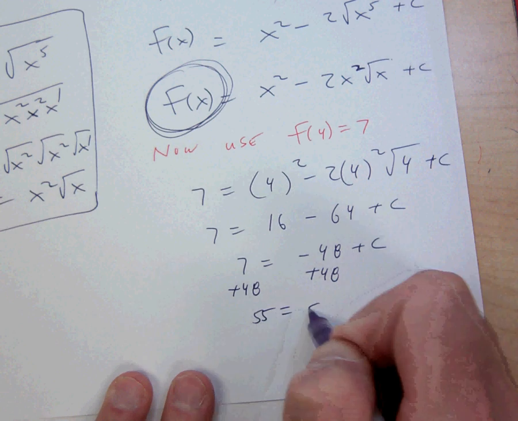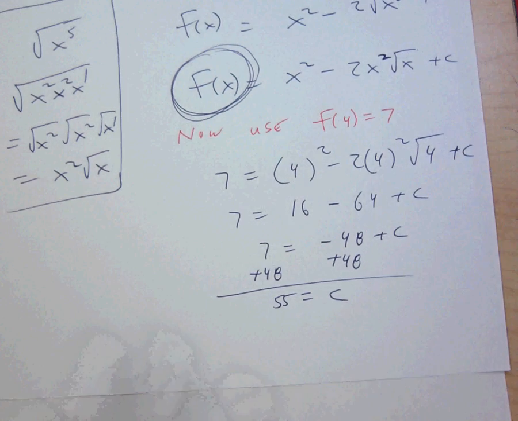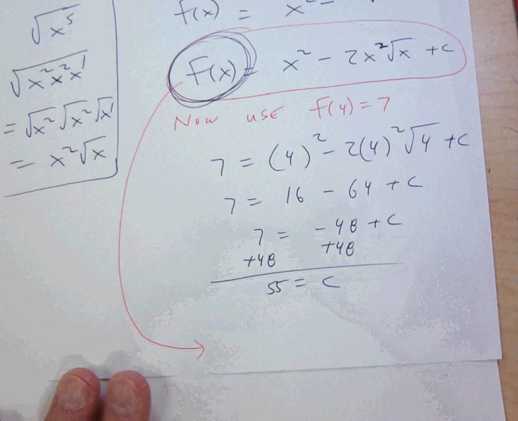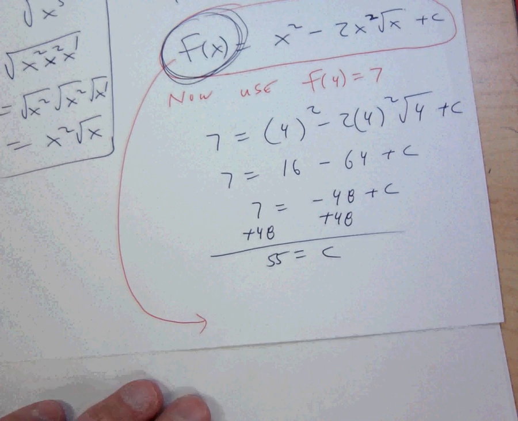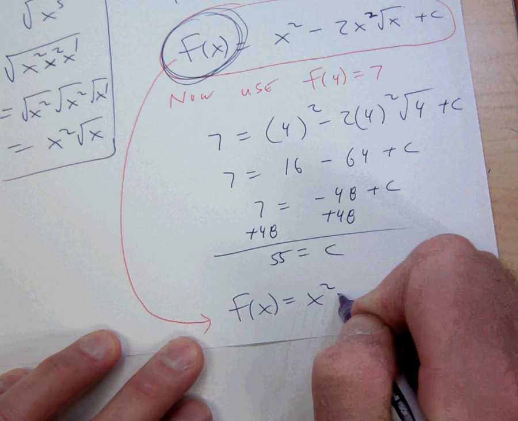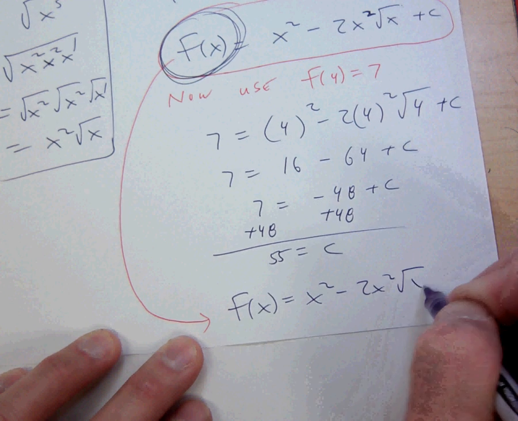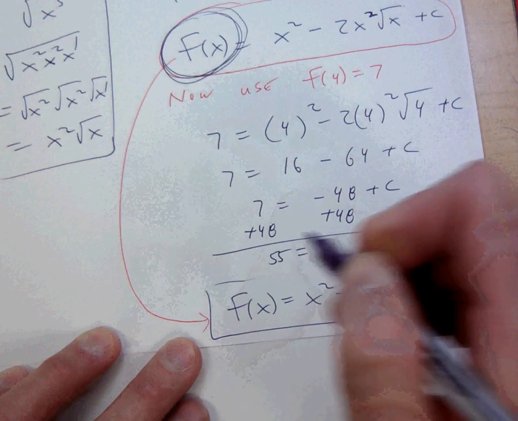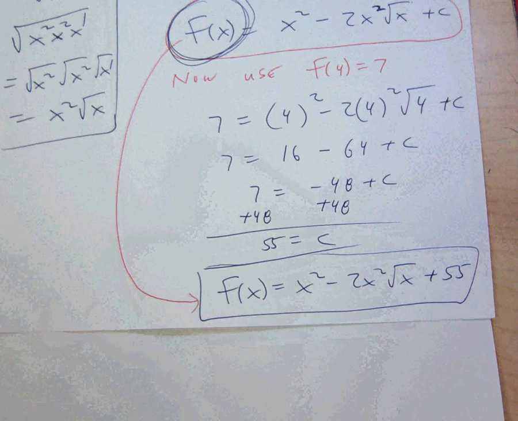Okay, so what I want you to do is update or refresh this thing. And what do I get when I update that with my c? Okay, very good. So you see I was able to find c if they give you this.